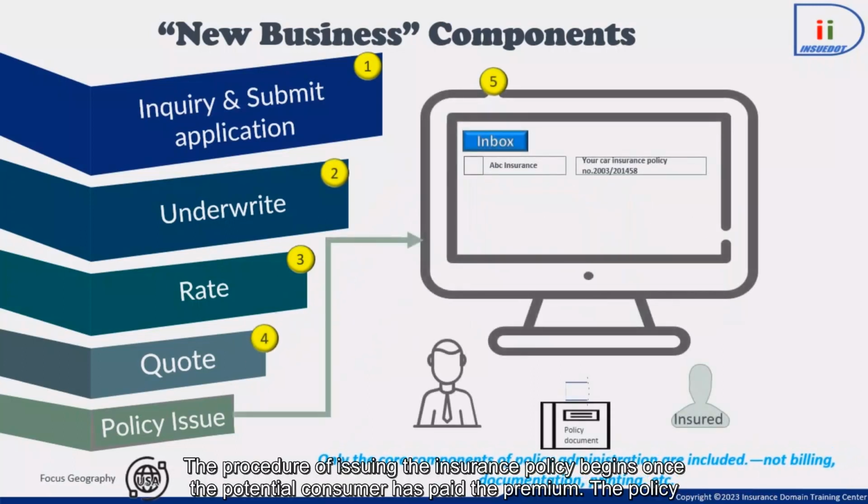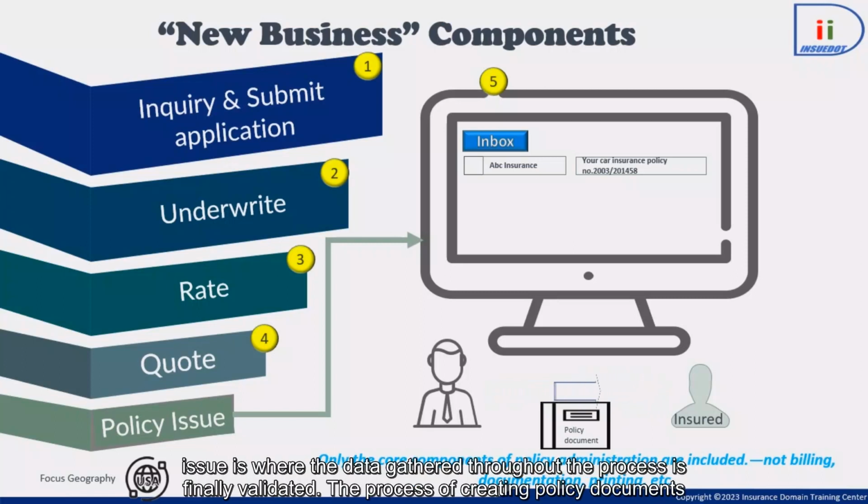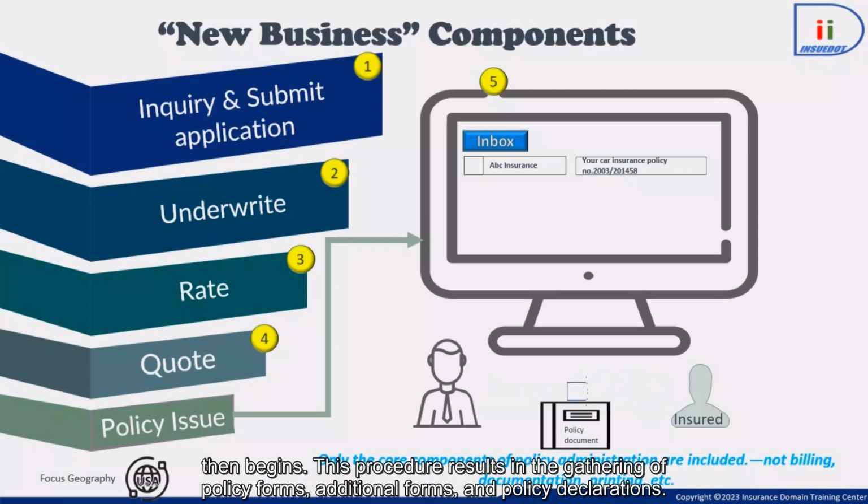The procedure of issuing the insurance policy begins once the potential consumer has paid the premium. The policy issue is where the data gathered throughout the process is finally validated. The process of creating policy documents then begins. This procedure results in the gathering of policy forms, additional forms, and policy declarations.